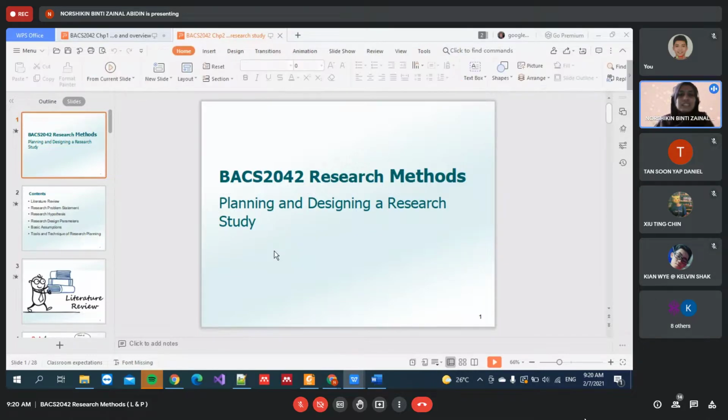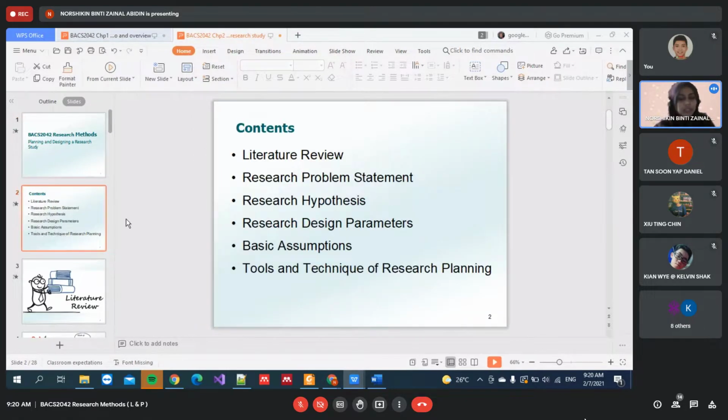planning is before you do your research, you need to plan how to conduct your research, and you need to design a research study. So for this chapter 2, you will learn about LR, literature review.